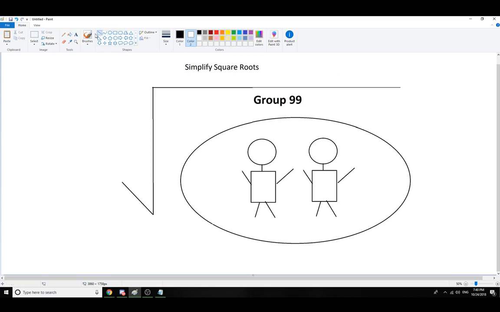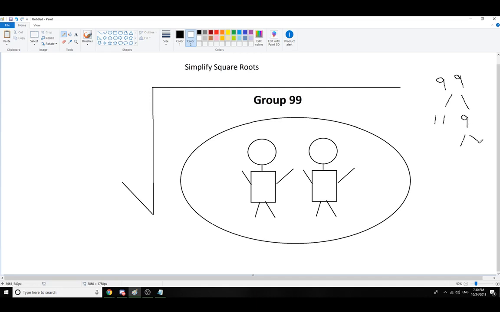And so to find out how many prime numbers are in your jail, how many people, you need to find out how many prime numbers are in 99. So first, you would make a chart, a tree, and you would find, okay, well, let's see, we have 11 and 9, right?